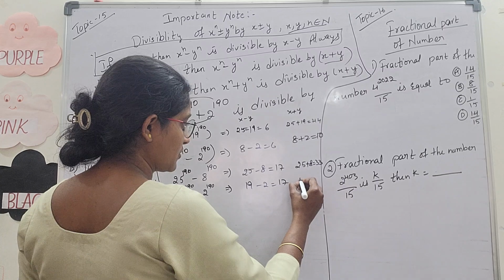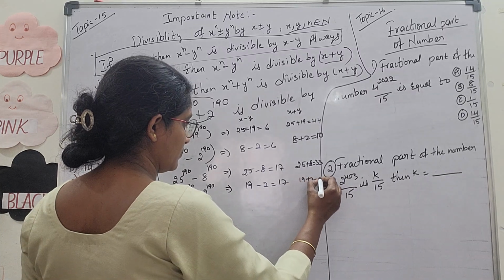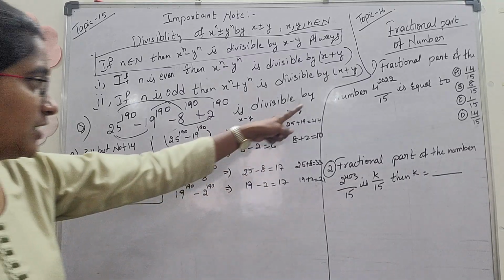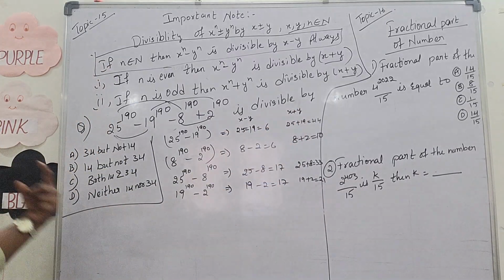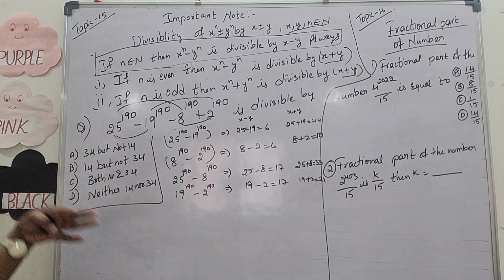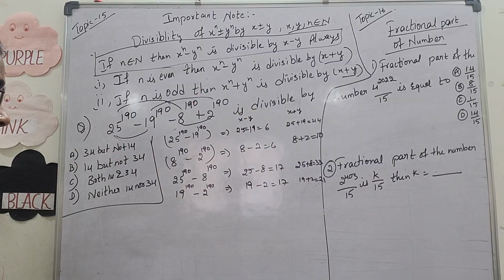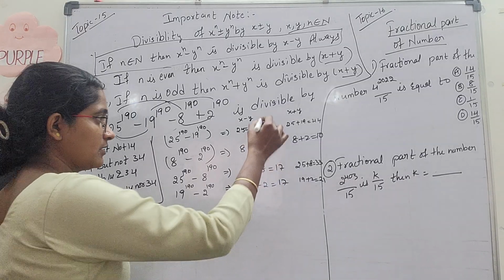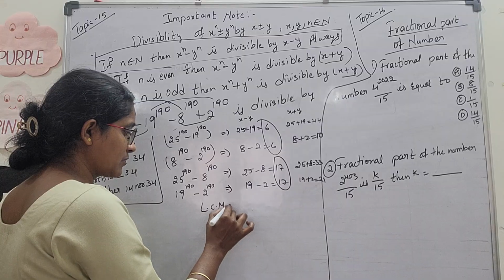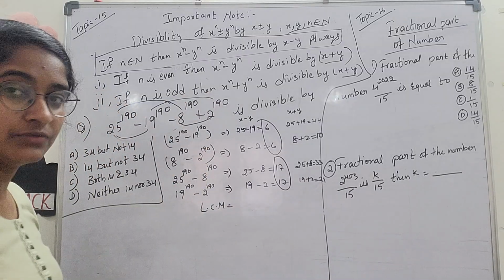If I add it, 19 plus 2 is 21. But here nothing is matching with the options 34 and 14. So these both are same and these both are same, I'll take the LCM of these both so that it divides all of them.